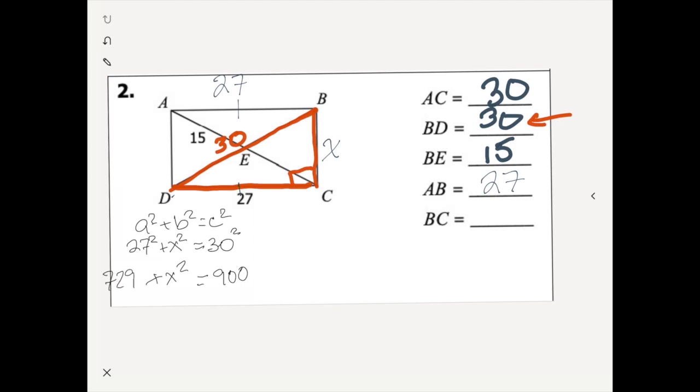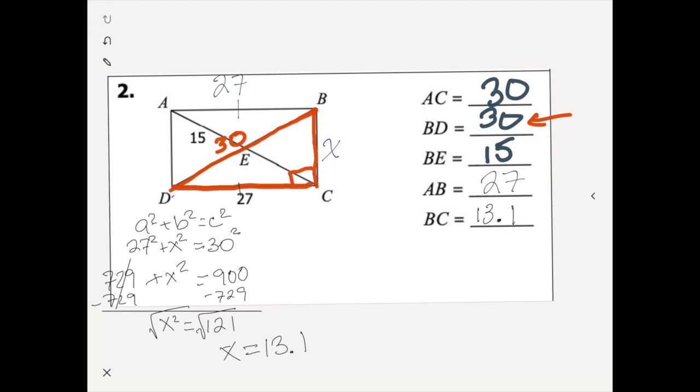So now I have to subtract 729 from both sides. That cancels, and I'm left with x squared equal to 121. Take the square root of both sides, and you're going to see that x is equal to 13.1 when you round it. So that's BC, 13.1.